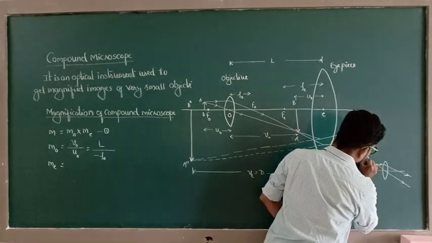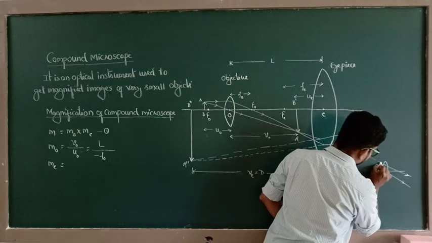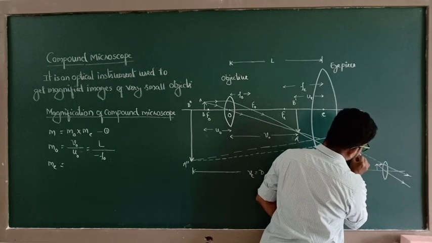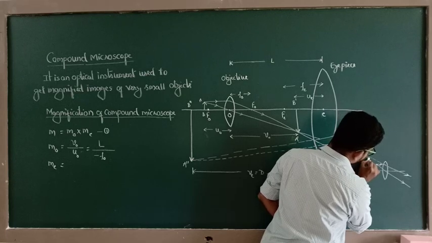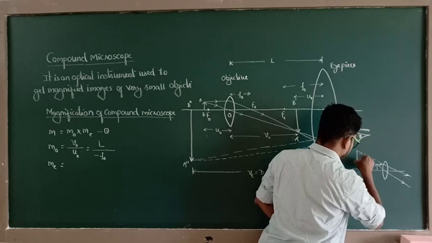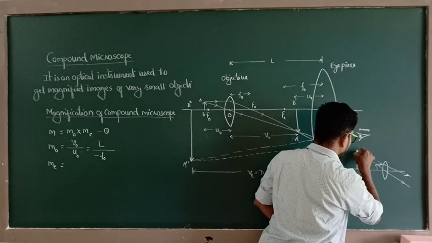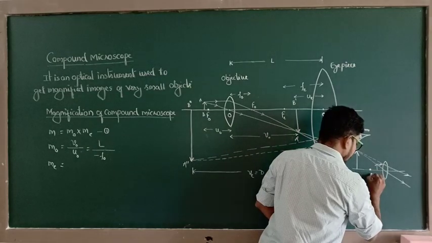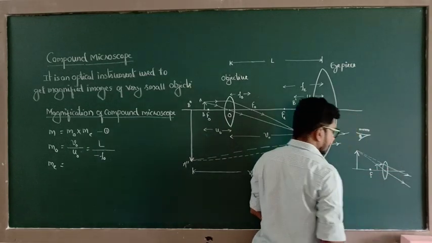By producing these two light rays in the backward direction, already we know this concept, the intersecting point represents the position of the image. Let this point be the principal focus and the optical center.